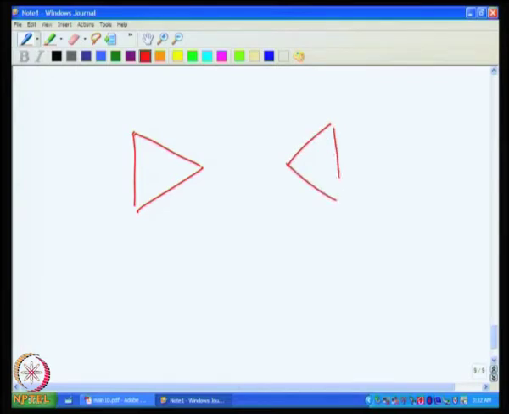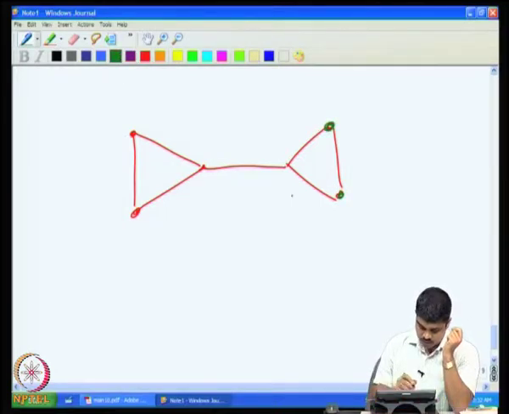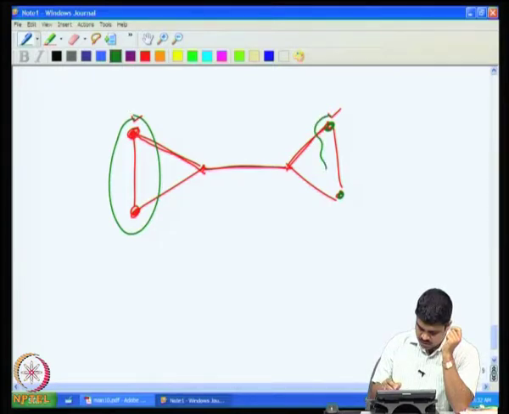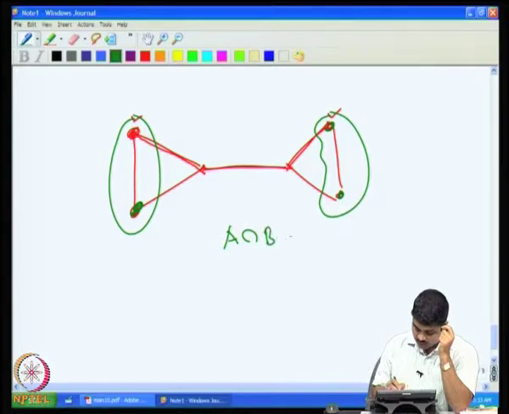Here this can be A, this can be B, this is A and this is B. Now an AB path can be like this, because it starts off from here and reaches there. Also it's possible that this is A and B can be this and also this. That means you can have a common vertex between A and B. A intersection B need not be empty.